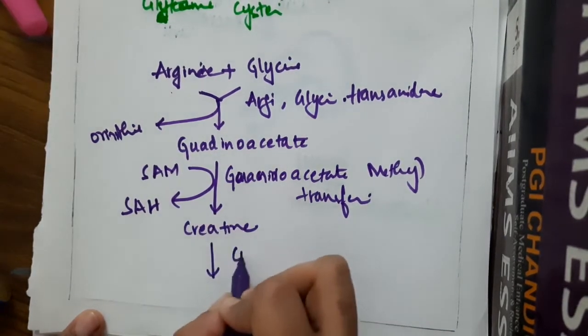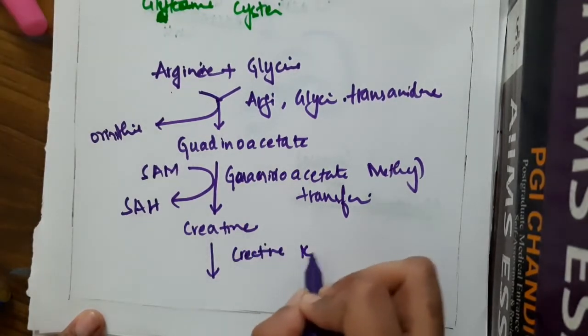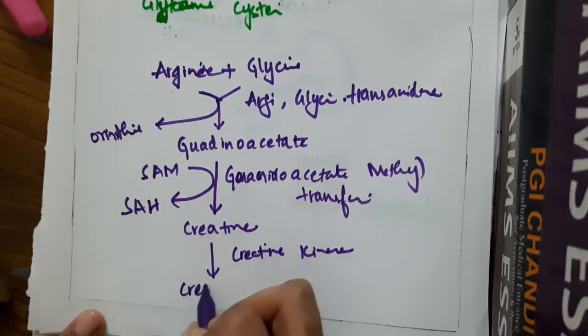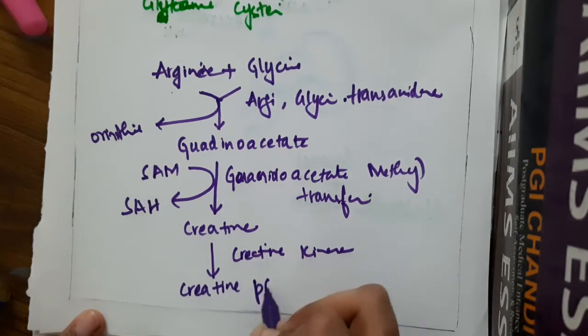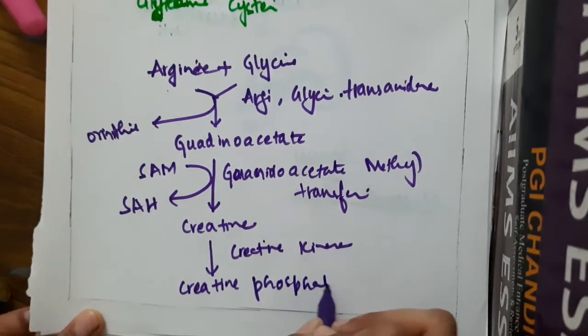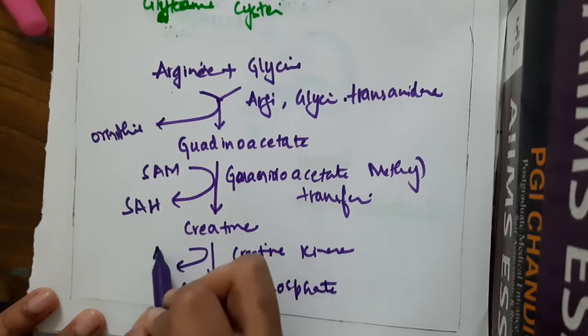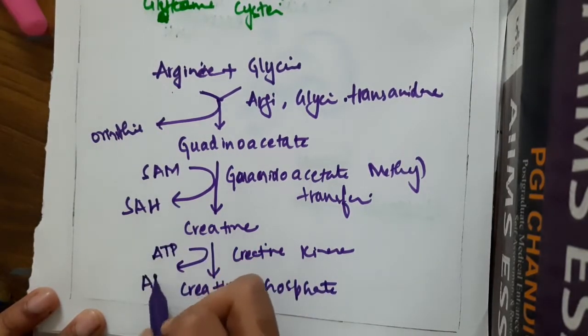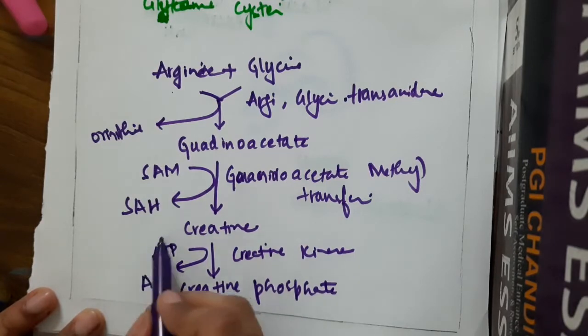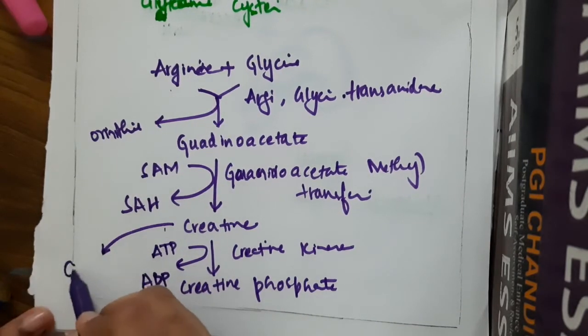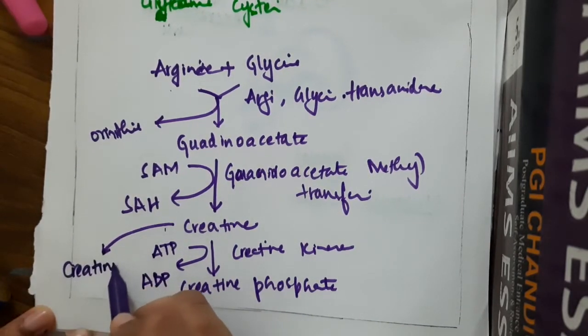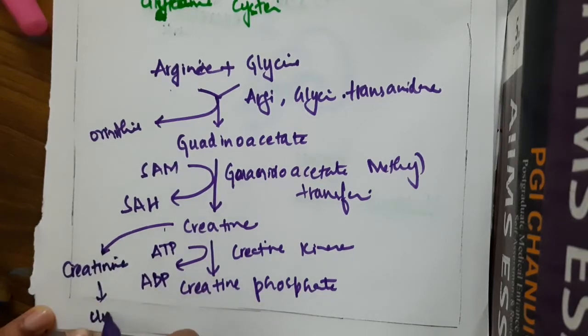This creatine, in the presence of the enzyme creatine kinase, forms creatine phosphate, and during this process ATP gets converted to ADP. Creatine also gets converted to creatinine, which is excreted in urine.